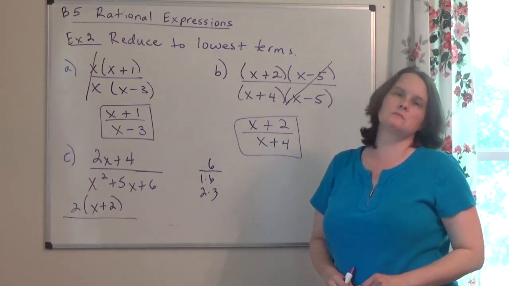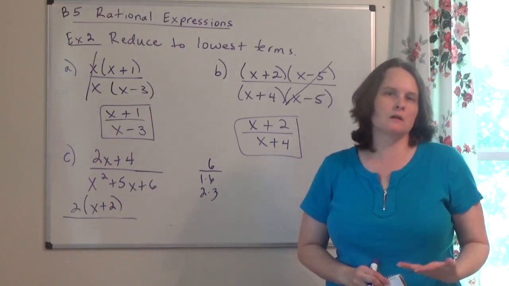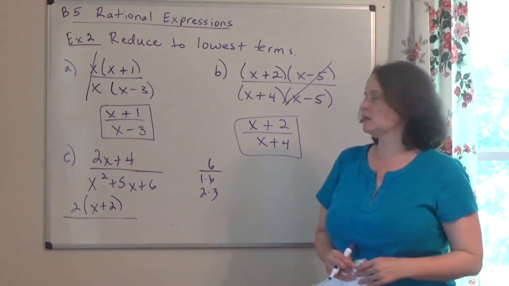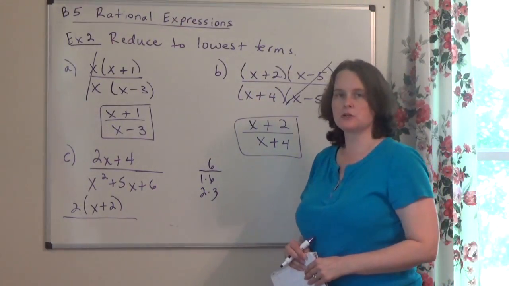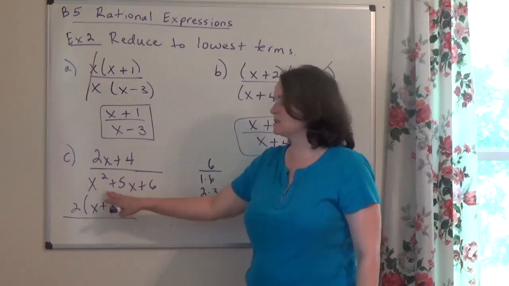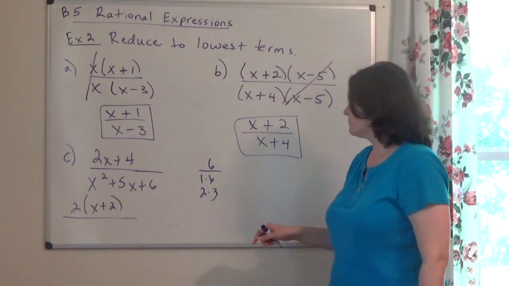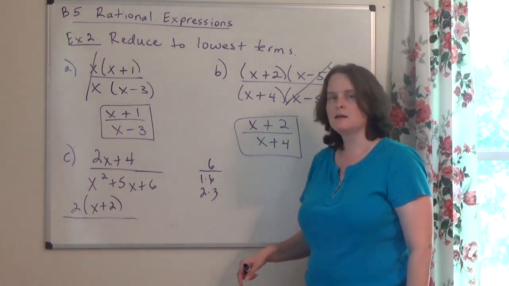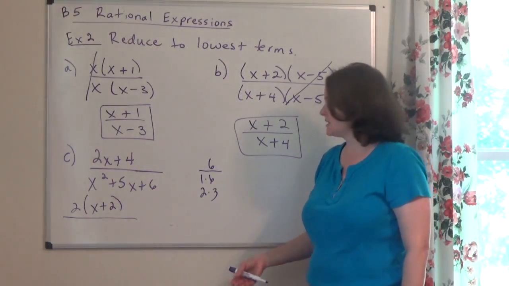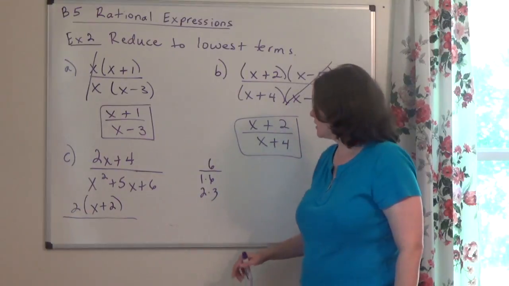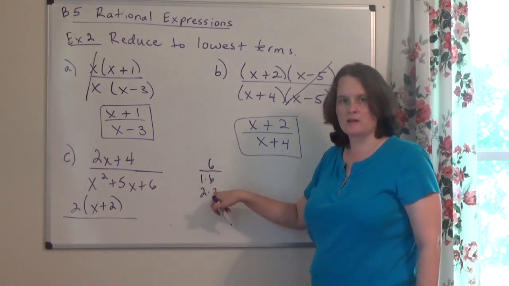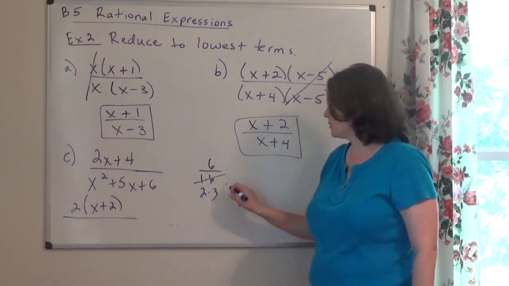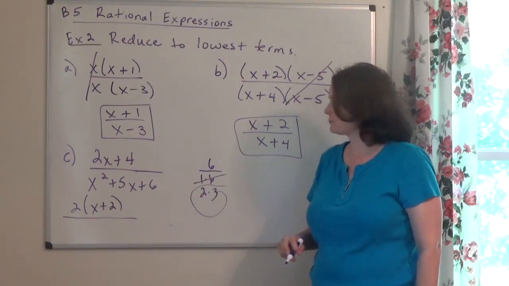It might not be obvious at first glance, but also pay attention to your signs, because everything is addition here. You need to find a pair of factors that have the same sign and that add to give you 5. Subtracting the 1 and the 6 to get 5 is not going to work. We can go with the 2 and the 3.